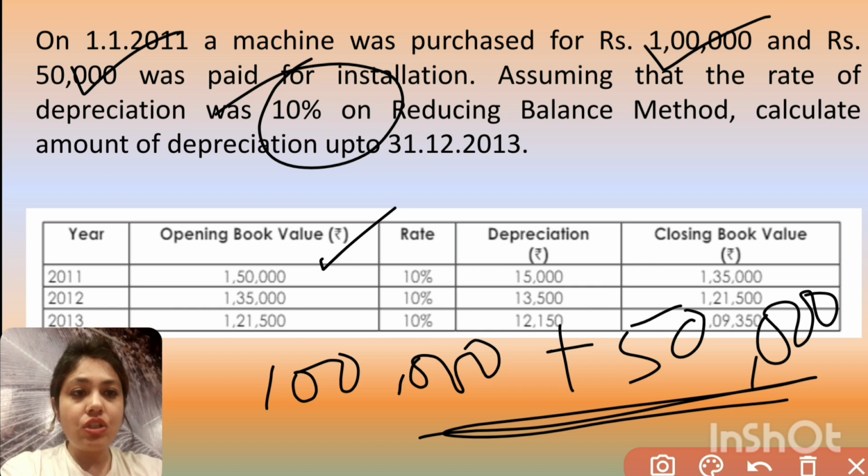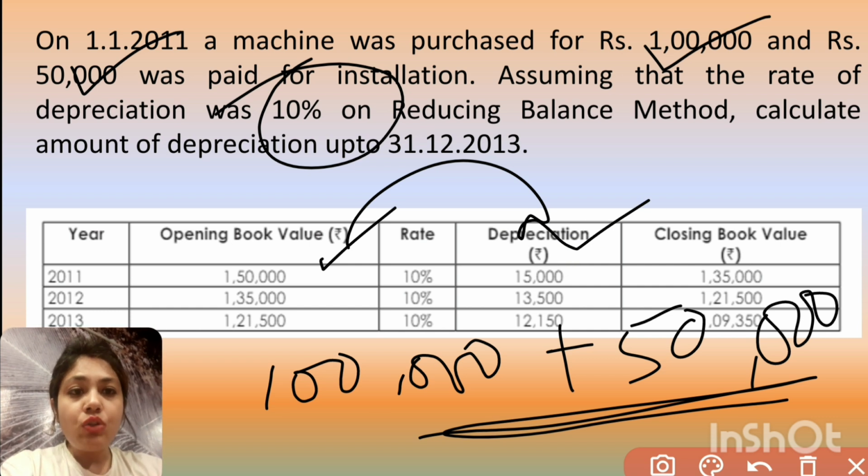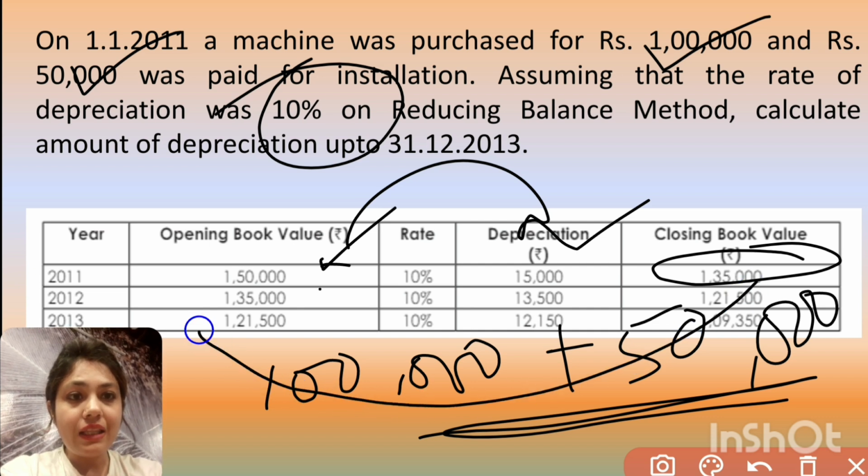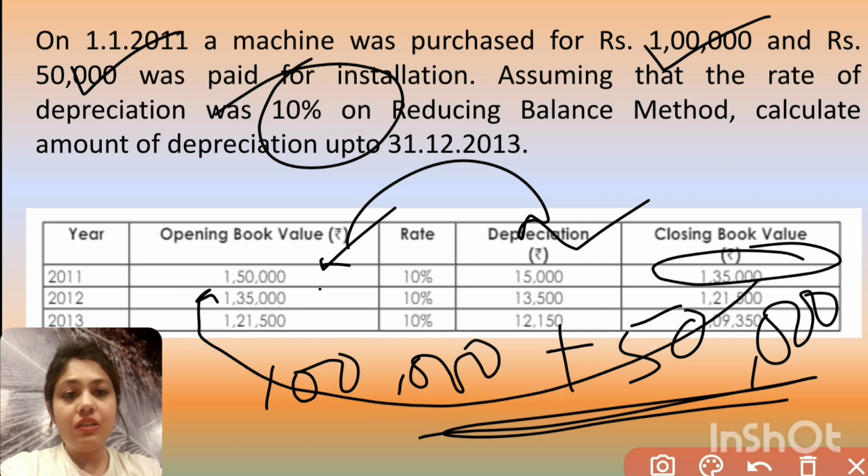Rate of depreciation is 10%. So depreciation comes out to be 15,000. So out of this opening balance, when I deduct the depreciation, this is what I get as a closing balance, 1,35,000. So the closing balance in the first year, that is in 2011, becomes the opening balance in the next year.